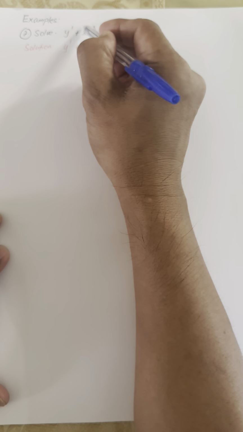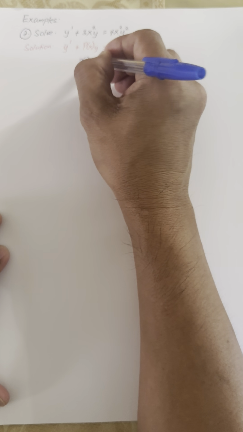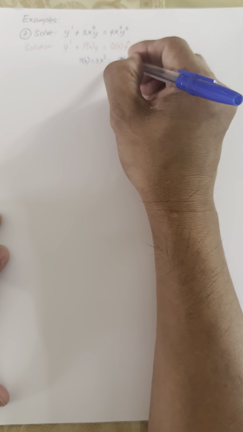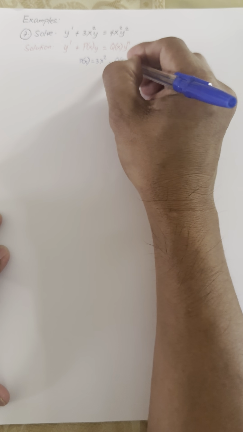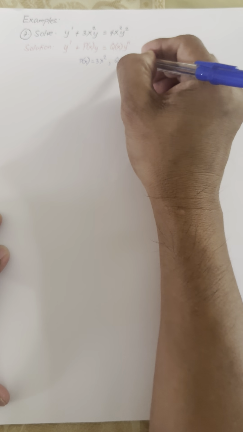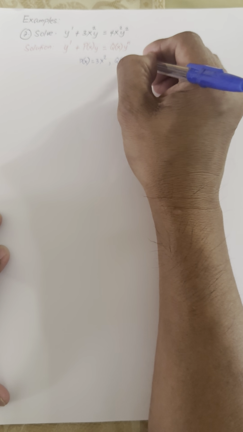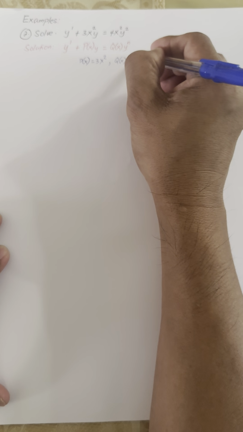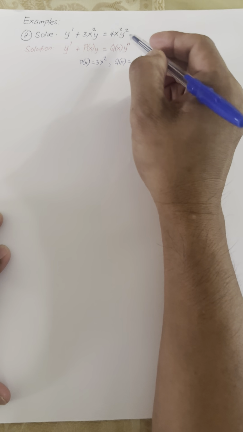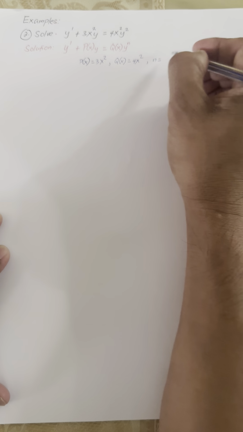Here the p of x is this one, which is equal to 3x squared, and then we also have to find what q of x is, which in this case is 4x squared. Then our n is equal to the exponent of y here, which is equal to 2.